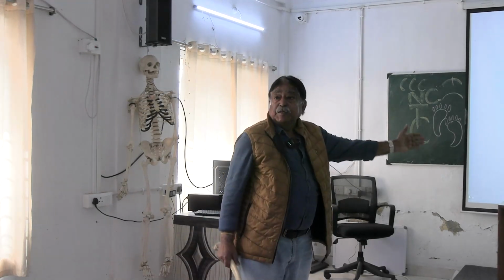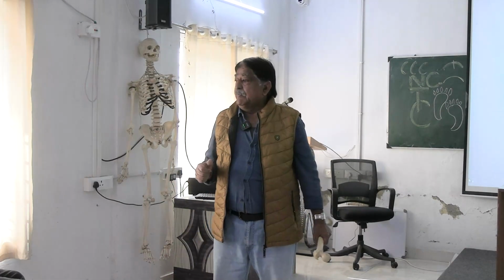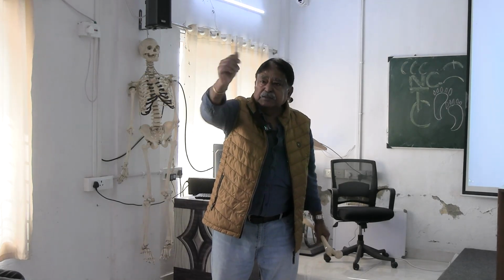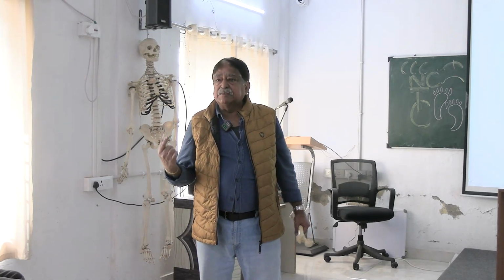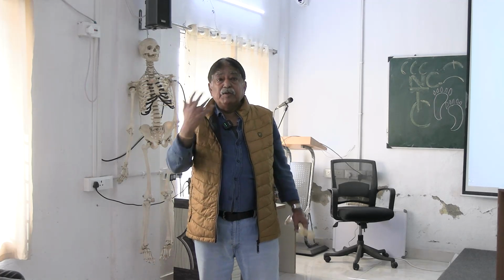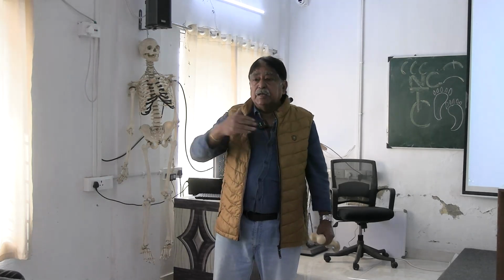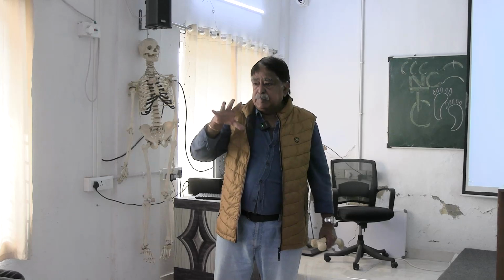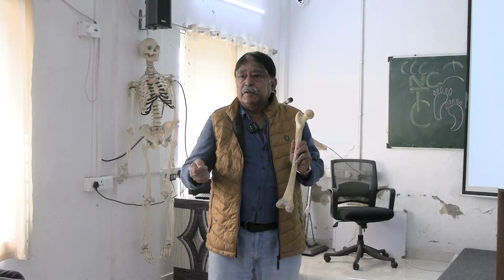But what this video will give you is that they are plasticized dead bodies. You will be seeing prosected dead bodies in the dissection hall. Your teacher will demonstrate by lifting up a tendon or a muscle and say this is tibialis, this is this, whatever it may be. But when you are viewing this, you have a narrative, the teacher narrating the whole chapter, saying the muscle is this, then this is swinging, the muscle is pulling.